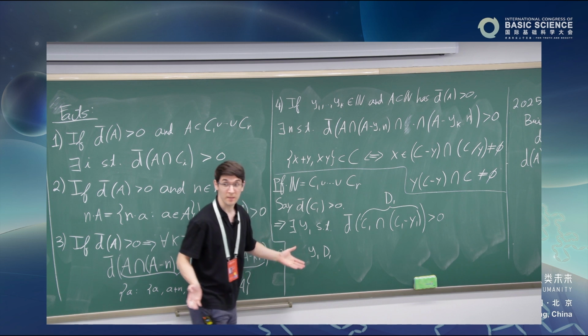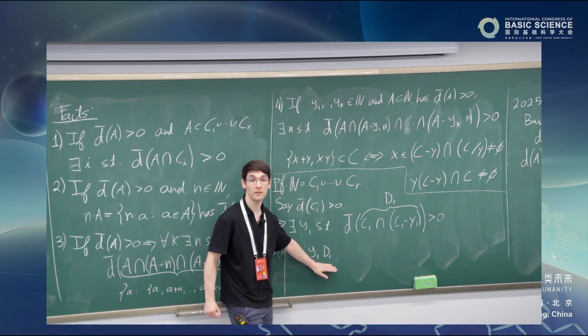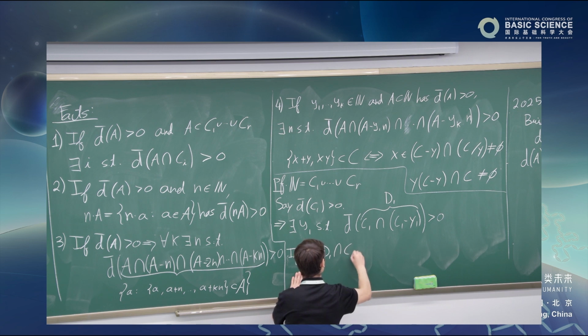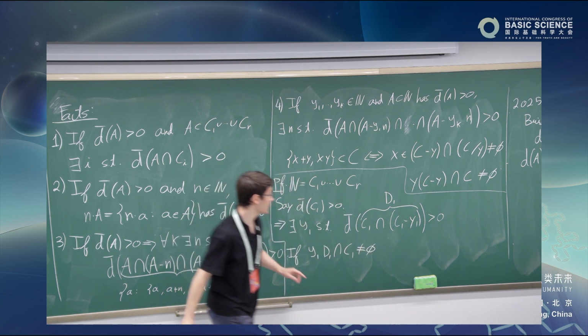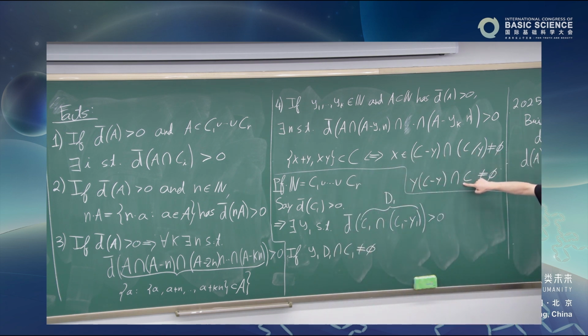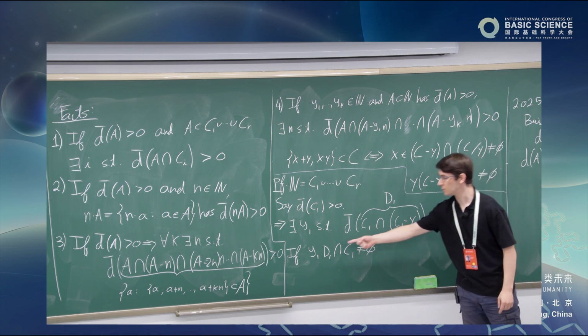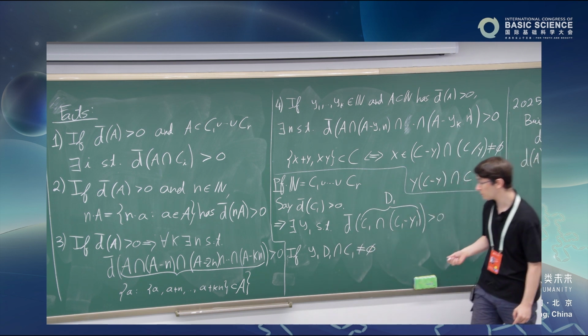Okay, and now two things can happen. The first thing that can happen is that this set has non-empty intersection with the color C1. Let's look at that case first. So if D1 times y intersects C1, it means that this intersection is non-empty.